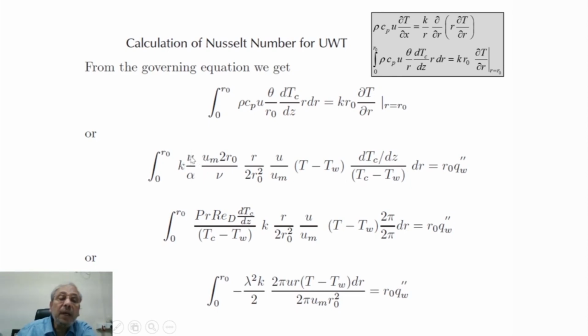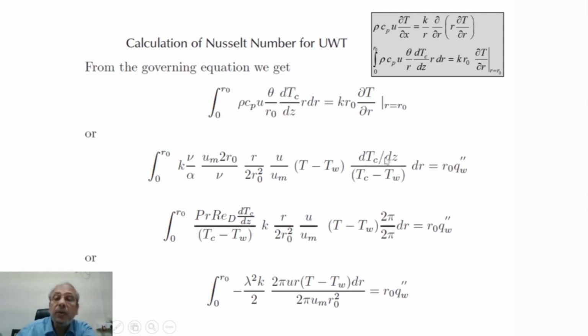We multiply with nu and divide by nu. We bring in um and divide to get u by um, and we again multiply by twice r naught and divide by twice r naught. These are some arrangements to get a more convenient form.